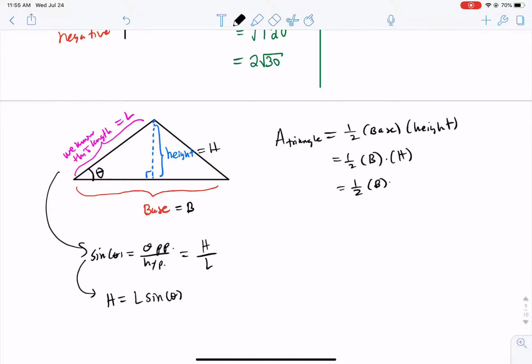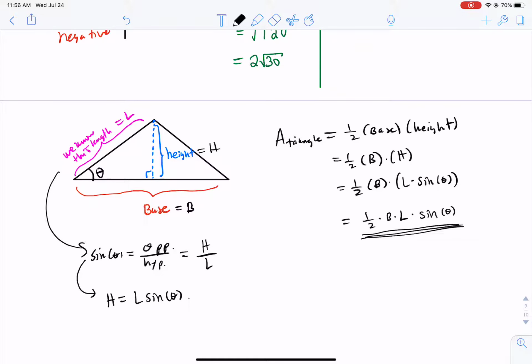So the area is 1/2 base times the length of the other side times sine theta, where theta is the angle between them. This is a very nice property to know later on.